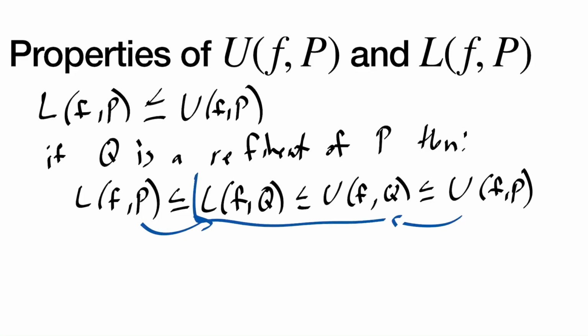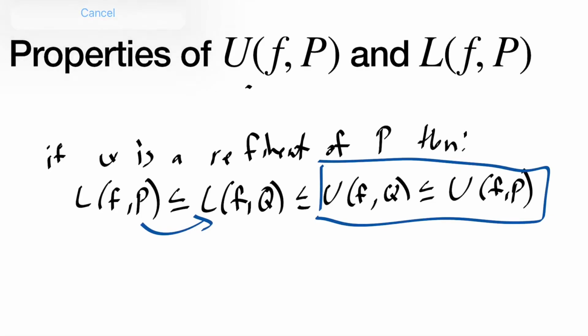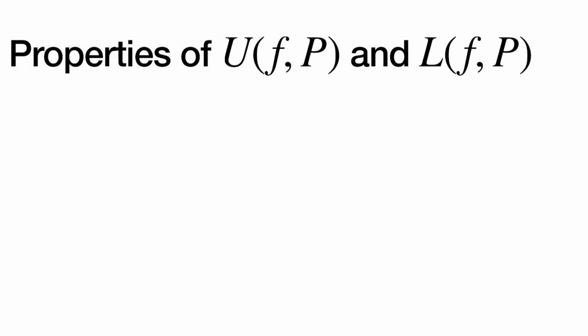And so what's the big idea here? Well, what you'll notice is this part has got to be true based on what we said above. So really the only thing left to prove is that if you take an upper sum and refine it, you get a number that's smaller. So let's talk about how we might prove that.